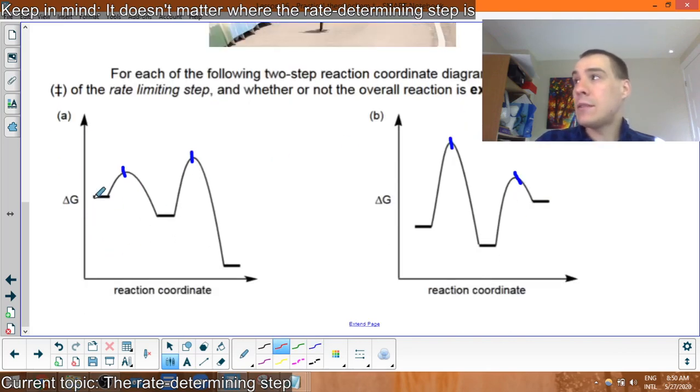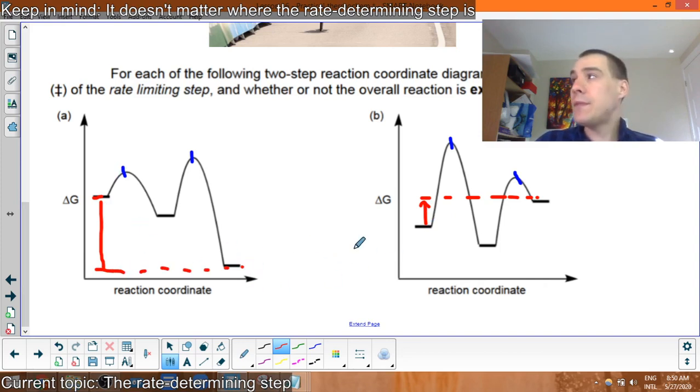So this one here, we have an overall exergonic reaction. This one here, well, here's the final, right? The overall is actually endergonic there. So exergonic, endergonic.